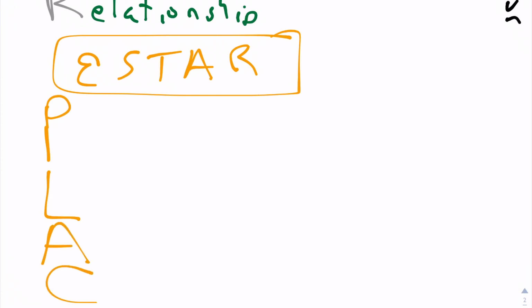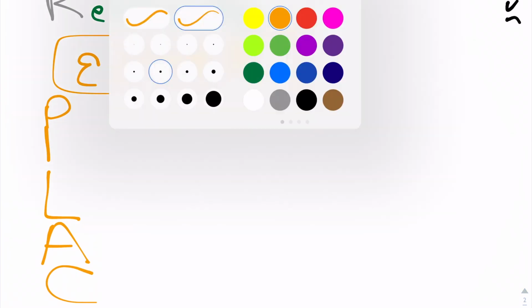So the P stands for position. Maybe someone is sitting down. Then you would use estar.